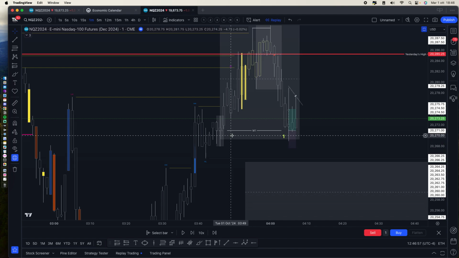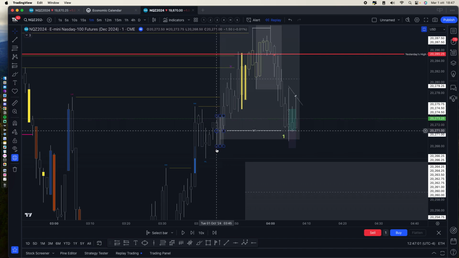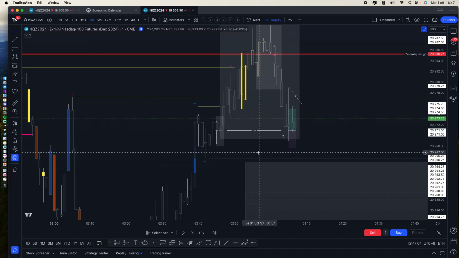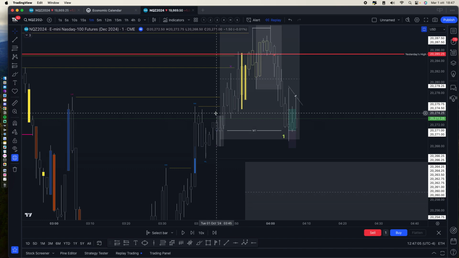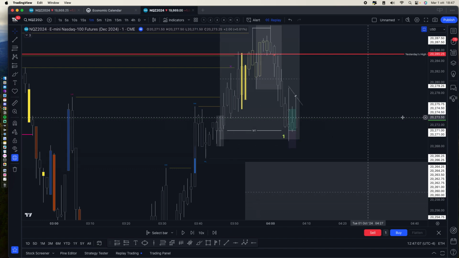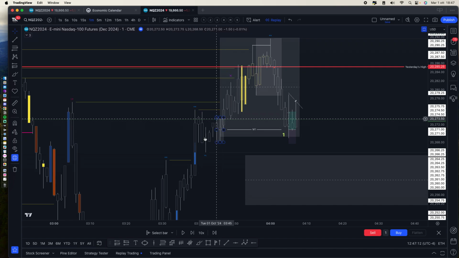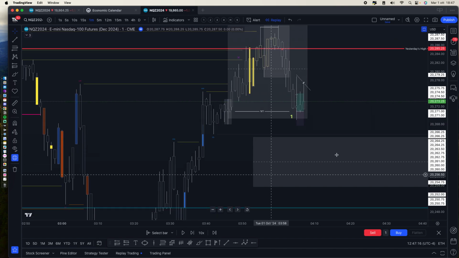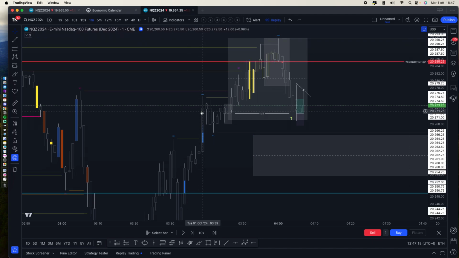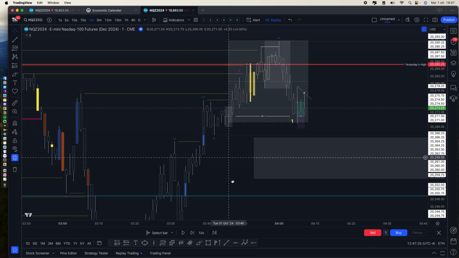Anyway, the very important thing about all my models is identifying the right zone. And this to me is a good zone, just because we have strong displacement, we have liquidity. We are in the main trend, which is bullish.